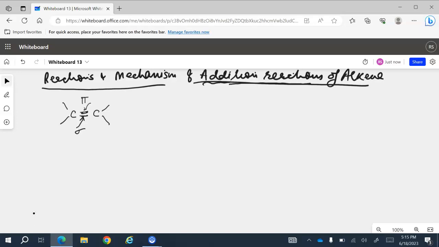This pi bond is made by sharing a pair of electrons in the sideways overlap of the p orbitals. And because it is formed by sideways overlap, this pi bond is somewhat weak compared to the sigma bond.